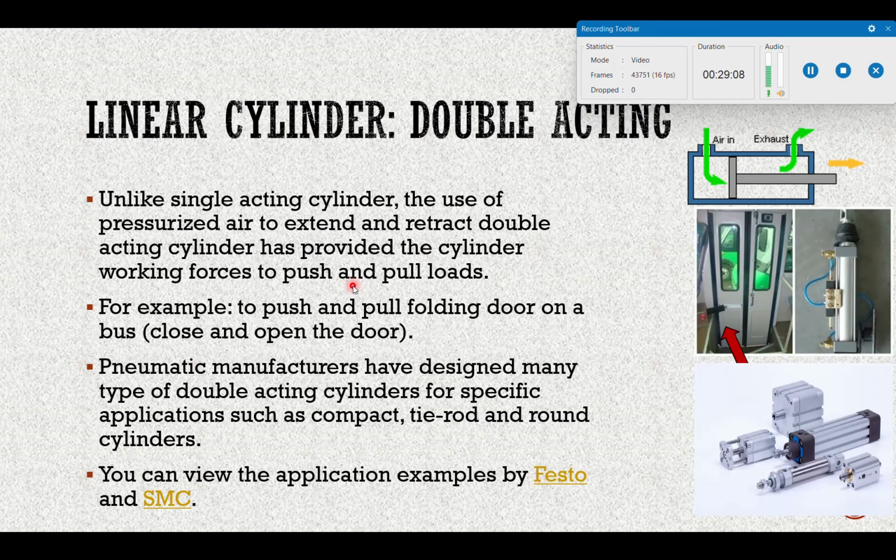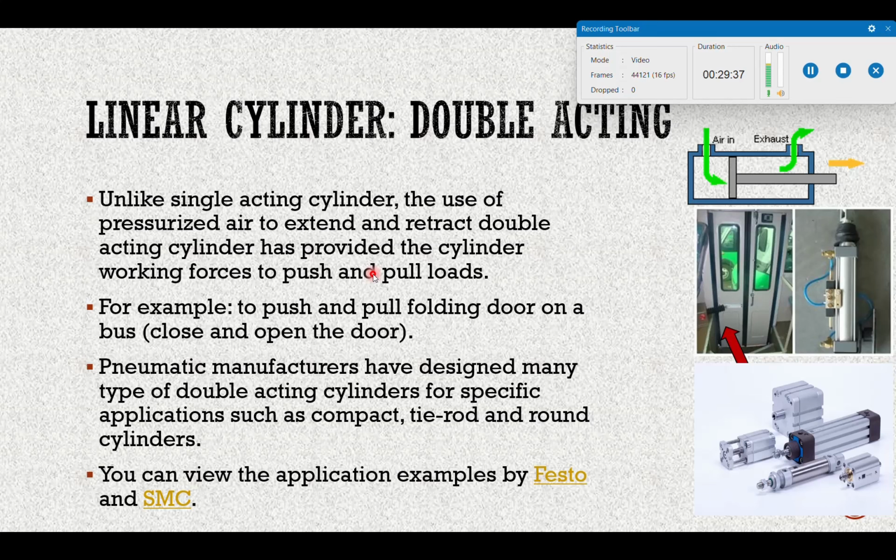So the push and pull folding door on a bus or on a train, that is one of those applications for double acting. Because it doesn't rely on the spring anymore, we can apply more force, because the spring for a spring return piston is not really that strong. So if you have applied too much load, it won't return back.